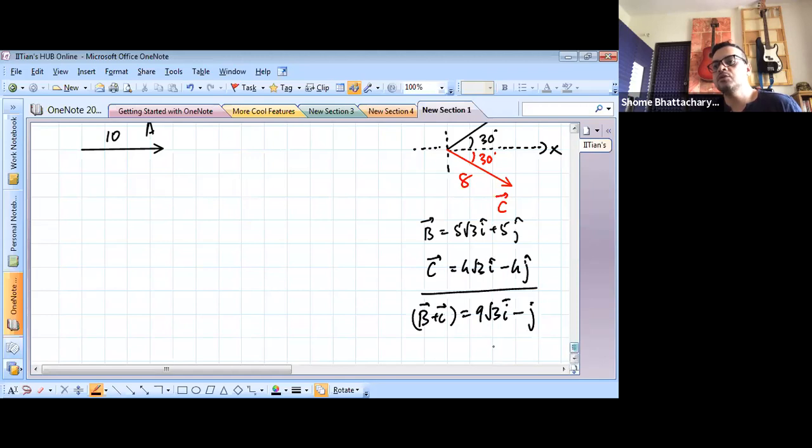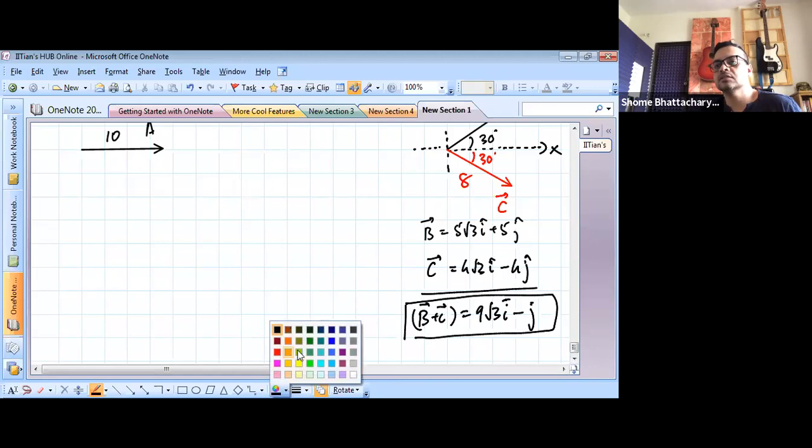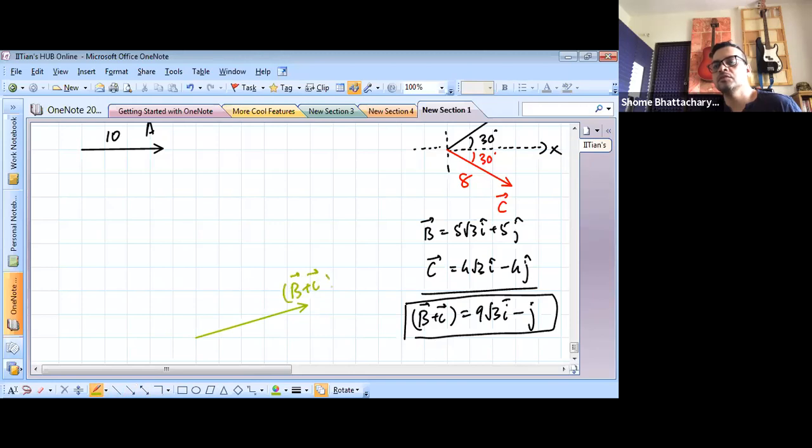Okay. So now I know that the vector B plus C will look something like this. The vector B plus C will be something like this, which will have this component equal to 9 root 3 and this component equal to 1.